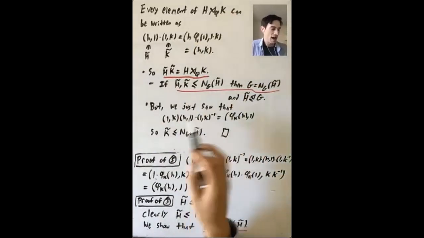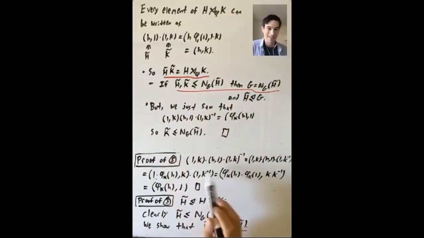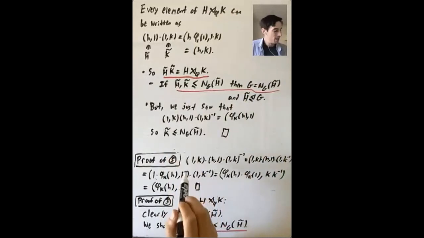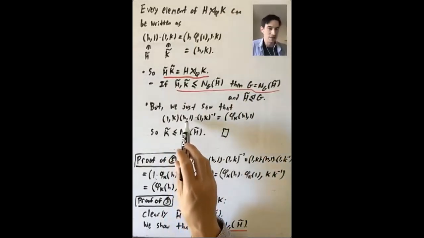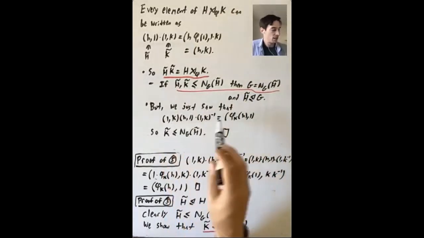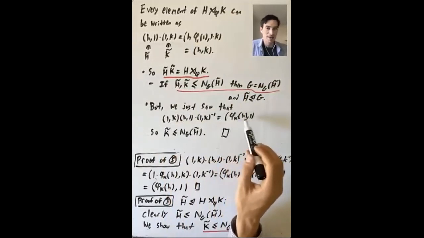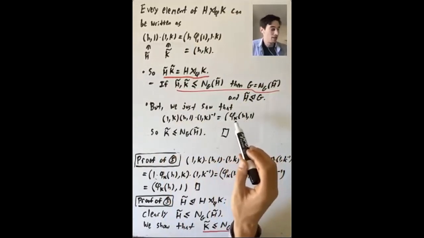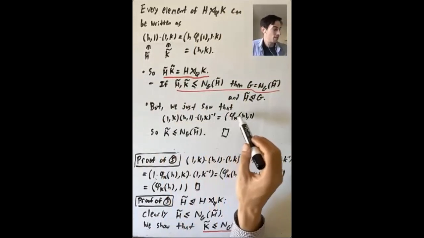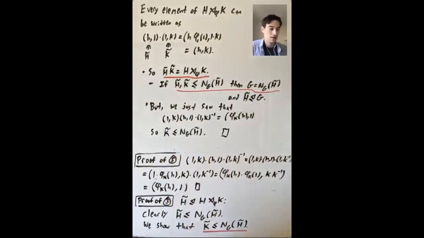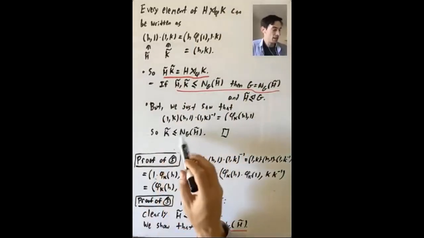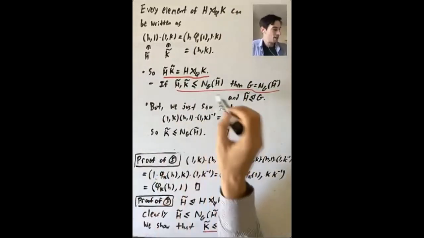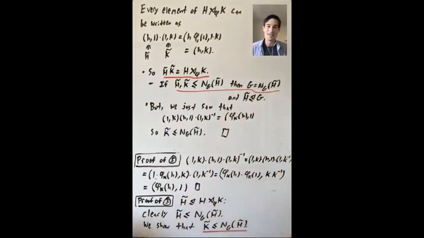We just saw that when you conjugate an element of H tilde by an element of K tilde, you get something that's still in H tilde: (phi_k applied to h, 1). So K tilde is contained in the normalizer. By this argument, we've seen that H tilde is a normal subgroup in the semidirect product.